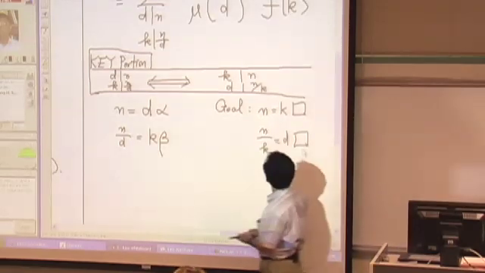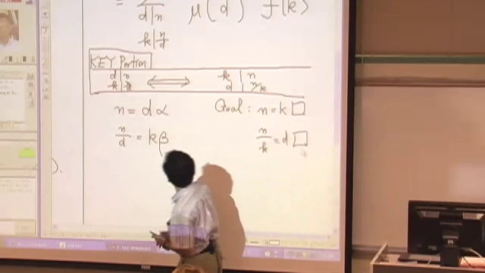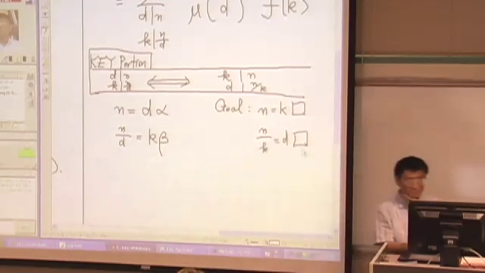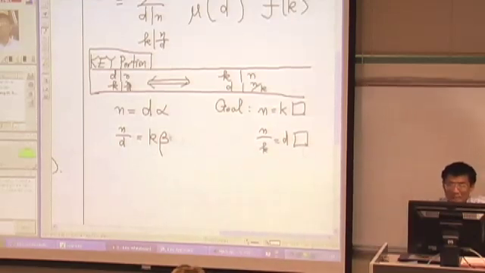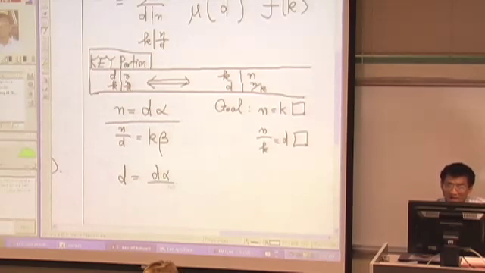First of all, as you can see, I will divide the left side and the right side. If I divide, then the left side is D, and D alpha equals K beta.